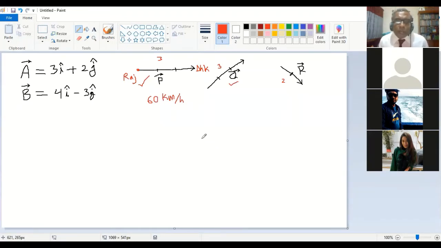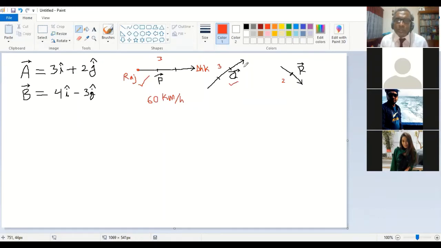So I'm saying P is the vector, and this is 3 units and it is 60 kilometer per hour, and the direction is Rajshahi to Dhaka. So that is the vector. Q can also be 60 kilometer per hour, because this is also 3 units.